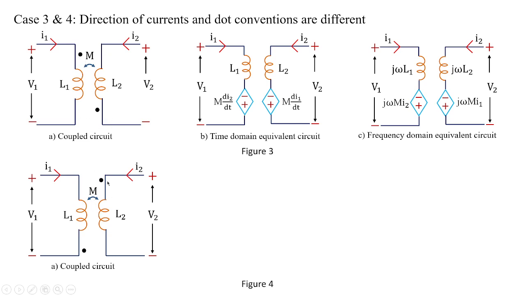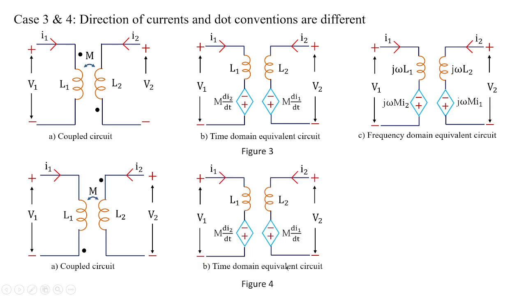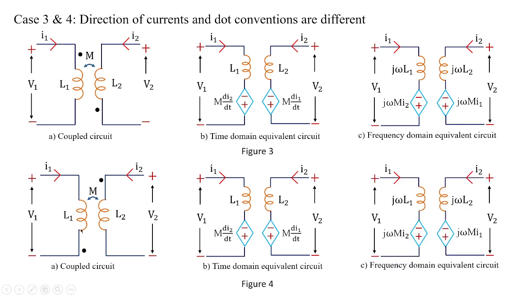For this circuit also, we get the same time domain equivalent circuit that we obtained under figure 3b, and similarly we obtain figure 4c, which is familiar to figure 3c, that is the frequency domain equivalent circuit.